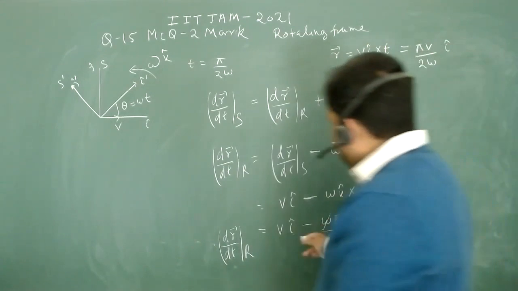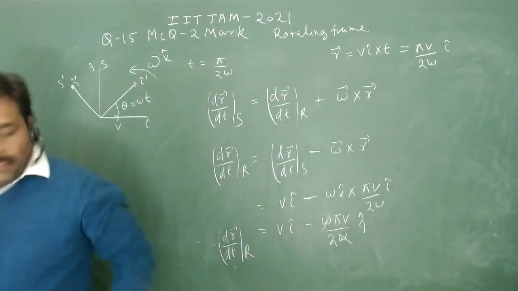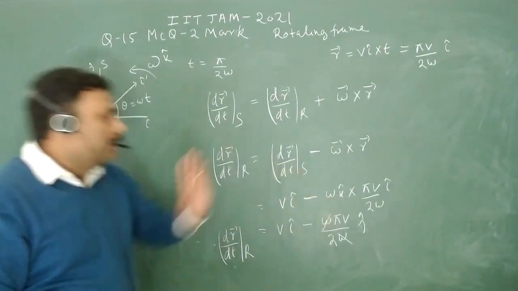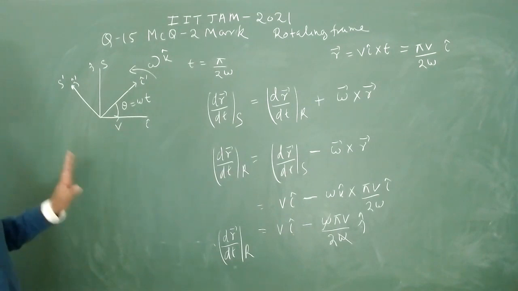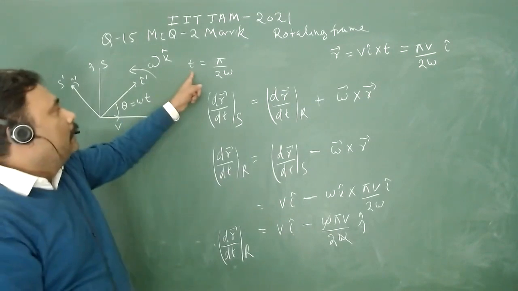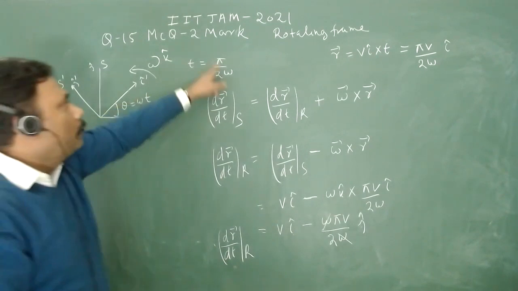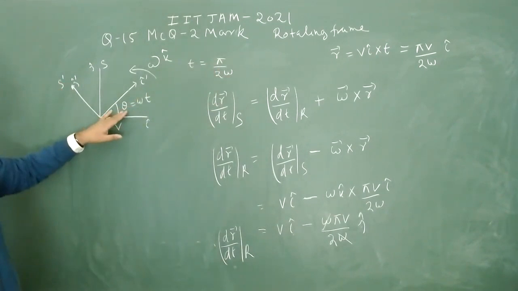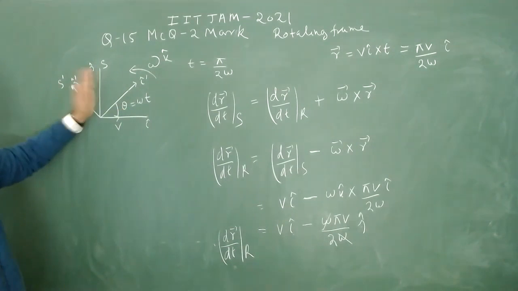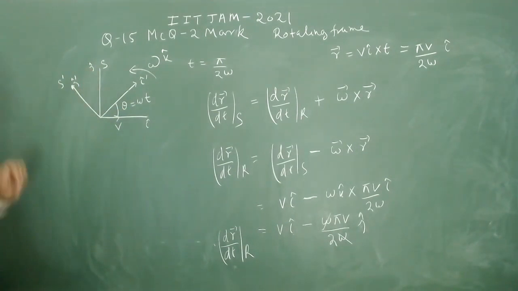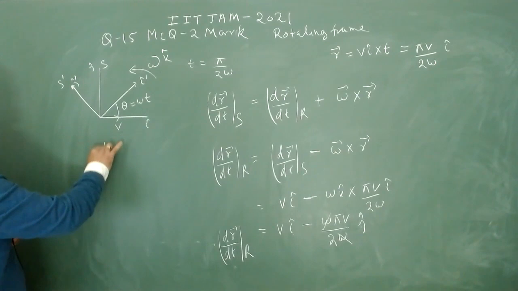But we have to give the answer in terms of i dash cap and j dash cap. So now look at the situation at time t equal to pi upon 2 omega. At this time, this angle will be 90 degrees. So the situation is very interesting.